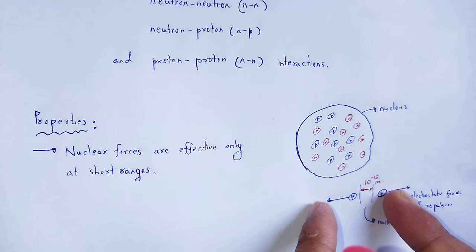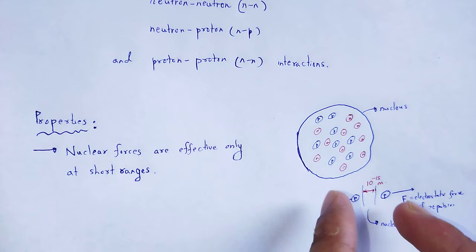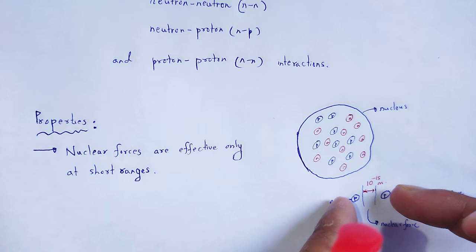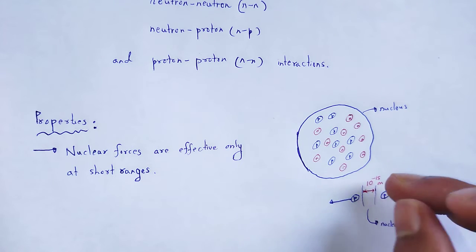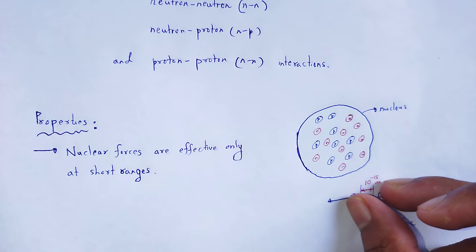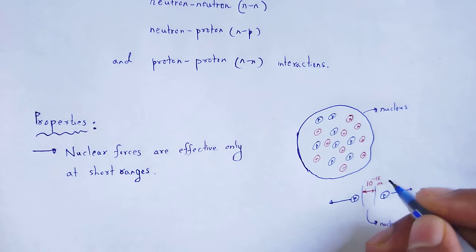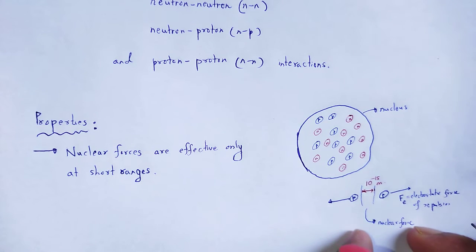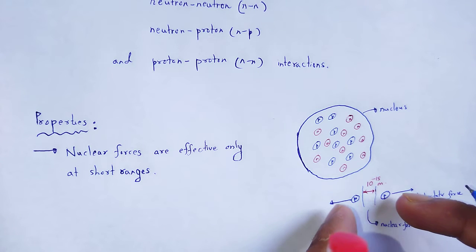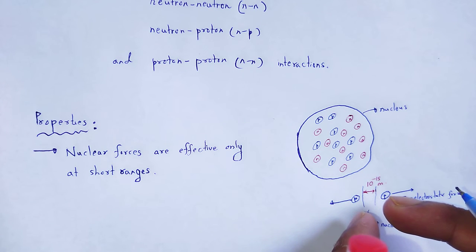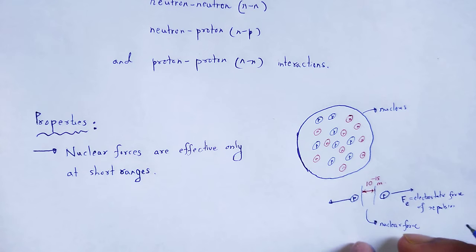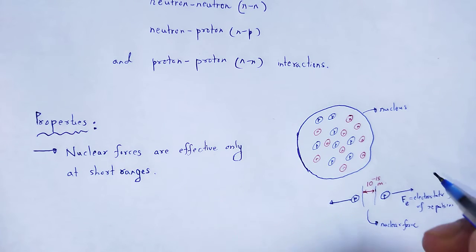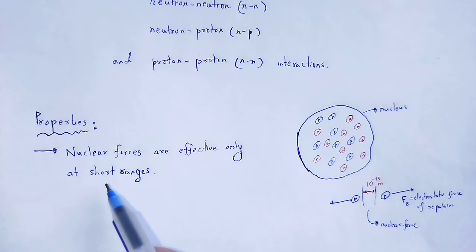Above that, the electrostatic force of repulsion acts, but when these two protons are within a small distance range, 10 to the power minus 15 meter, then a huge force combines these protons, which is called the nuclear force. So, the range of that force is short range.